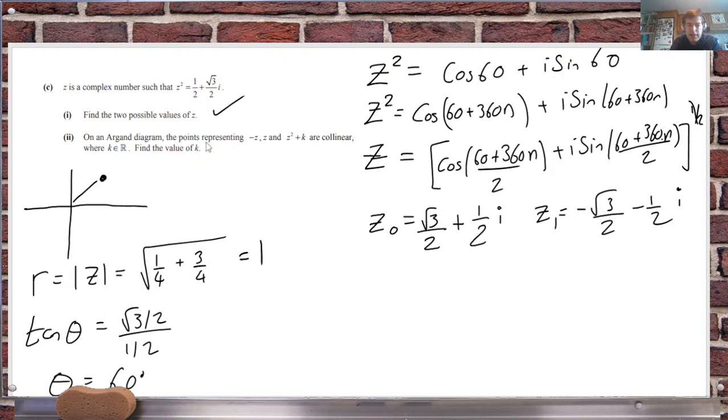On the Argand diagram, the points z, minus z, and z squared plus k are collinear. Find the value of k. And I don't think the z is referring to this particular z here. So, okay, let's have a look at that one now.